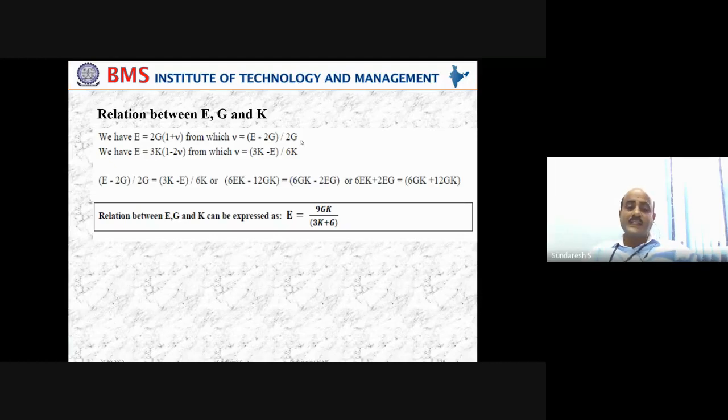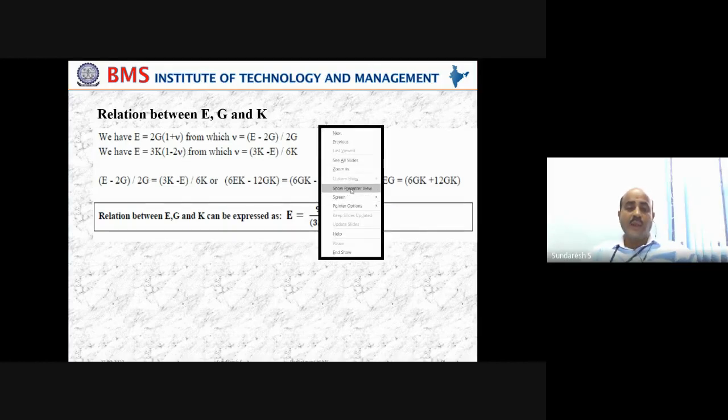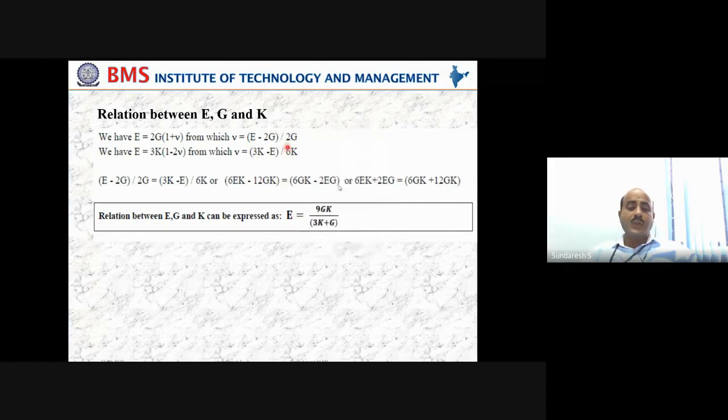Similarly, we have a relationship between E, K and nu. Am I right? E is equal to 3K into 1 minus 2 nu. This you know. From this we will write an expression for nu again: nu is equal to 3K minus E divided by 6K.